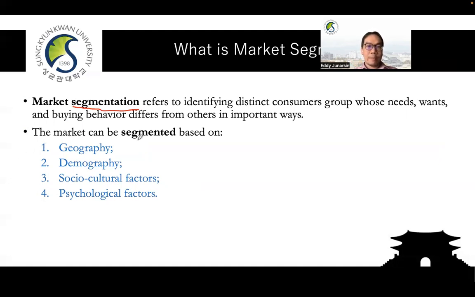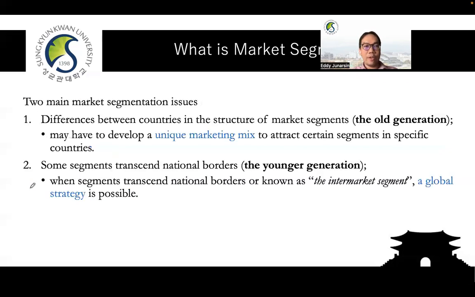We create segments based on geographic segmentation, demographic, then sociocultural segmentation and also psychological segmentation. So it could be based on geography, demography, socio-cultural factors, and psychological factors. I think we saw it a lot in, again, marketing management and consumer behavior.